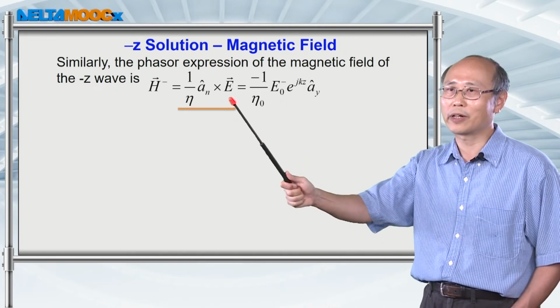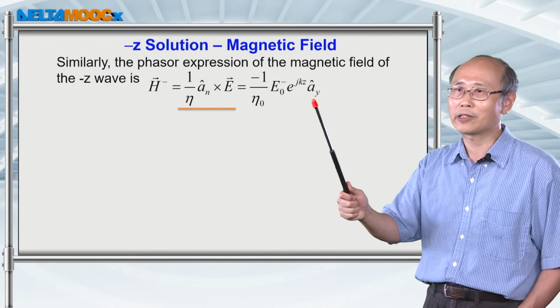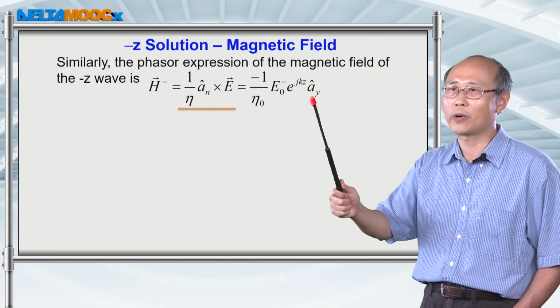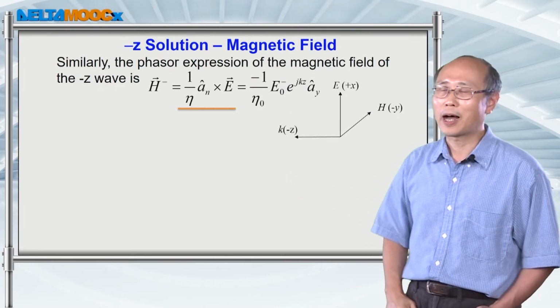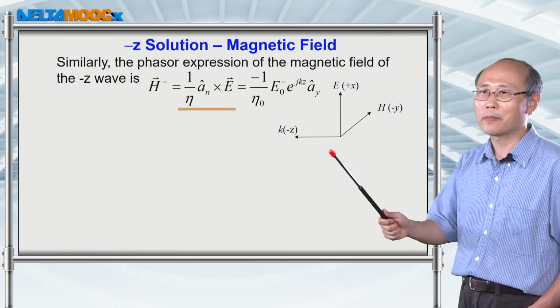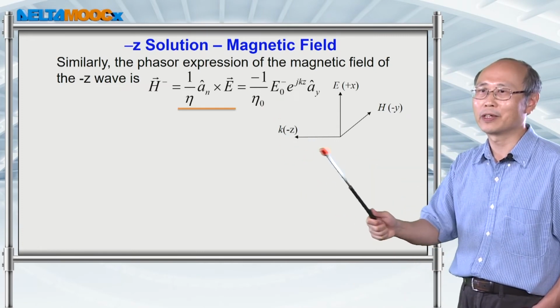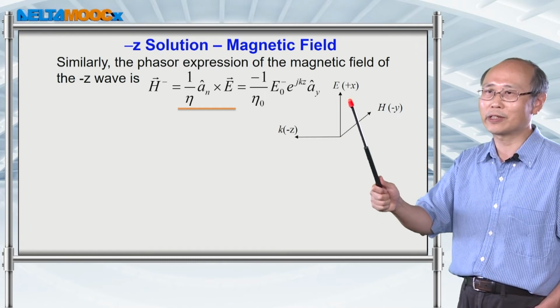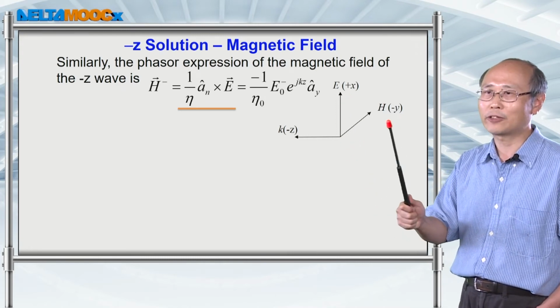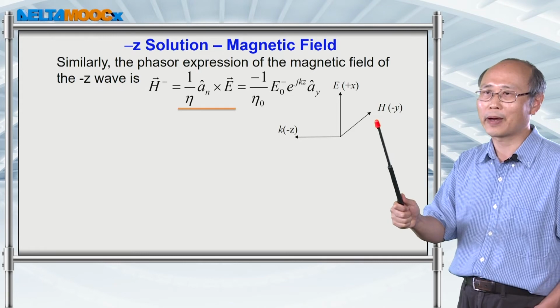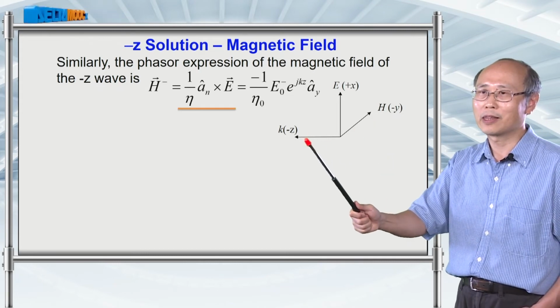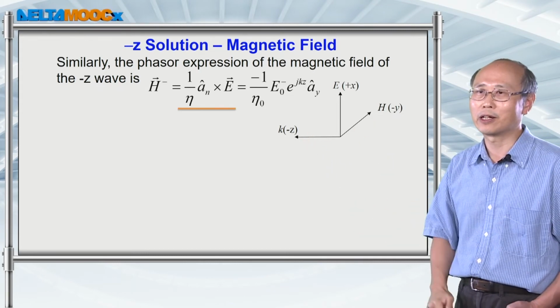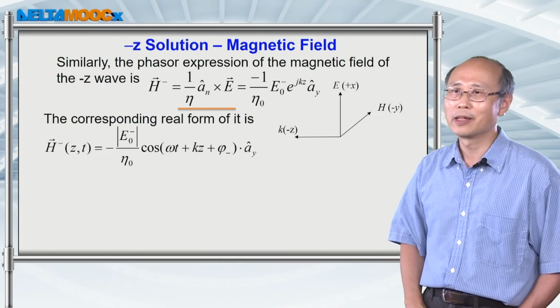So the cross product is going to give you a direction along minus y direction. So for this minus z propagating wave, you have electric field along vertical direction x, and then magnetic field along minus y direction, and the wavefront propagation direction is along minus z direction.